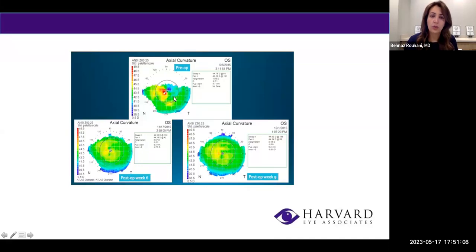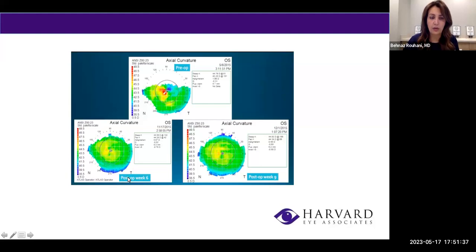Usually with the normal cornea, we see mostly green. When you see other colors, that means that the surface is kind of irregular, or there is some lumpy, bumpy surface giving you astigmatism. This patient had over 1 diopter of astigmatism prior to surgery. You see blue areas, you see red areas. Blues are flatter areas. The reds are steeper areas, technically a more irregular surface.